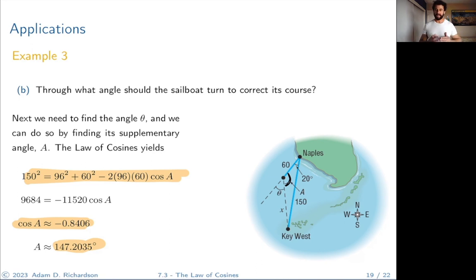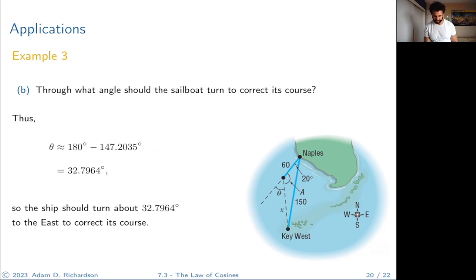But now that we know what A is, and we know that A and theta are supplementary angles, we can compute that theta has to be about 32.7964 degrees. And so that's the angle we need to turn the boat. So this is what you would tell the captain, or the navigator: we've got to turn the ship about 32.7964 degrees to the east to correct the course.